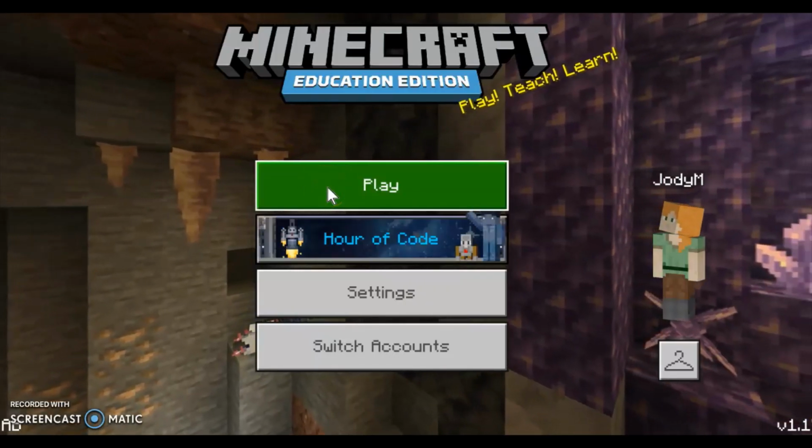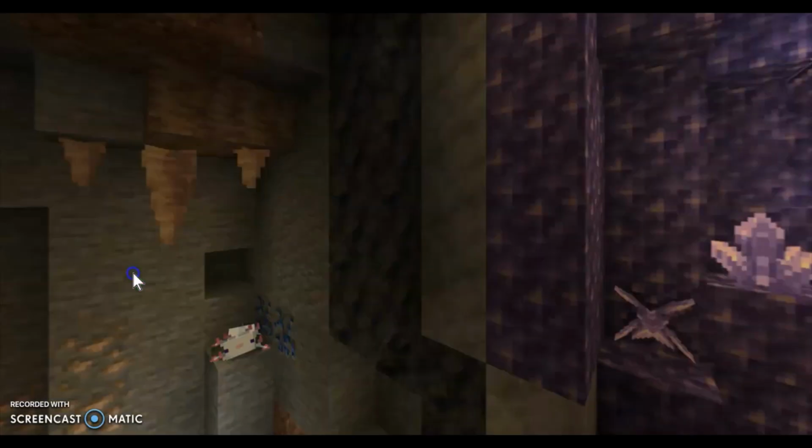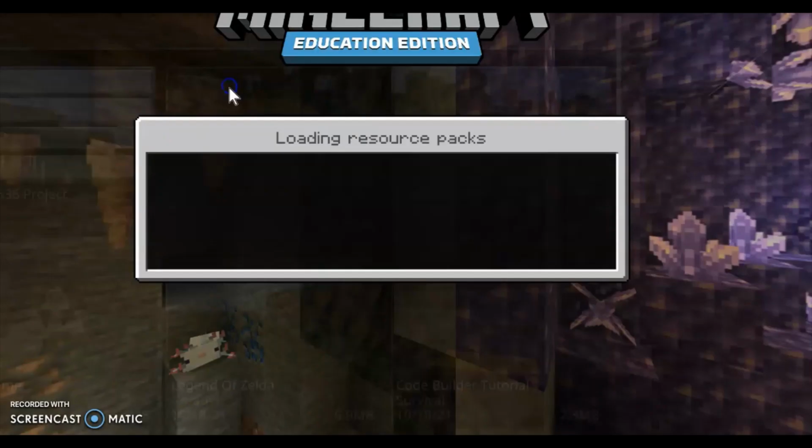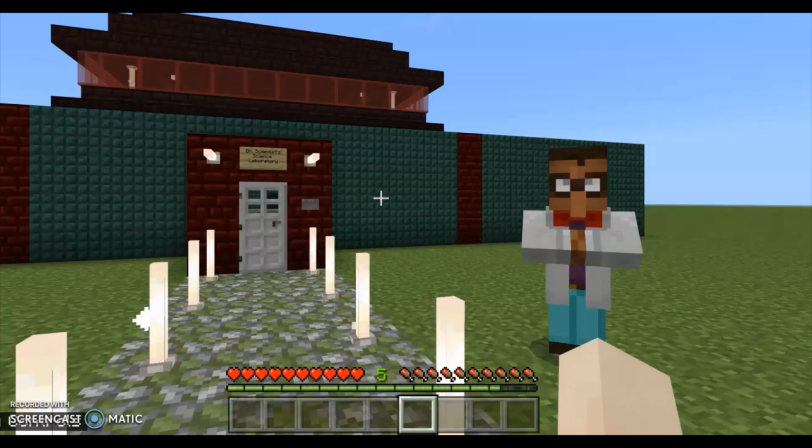Okay, so let's have a look at the game itself. Once you go into the world, students arrive at the entrance to the lab and they encounter the lab assistant who has some information for them about how to play the game.